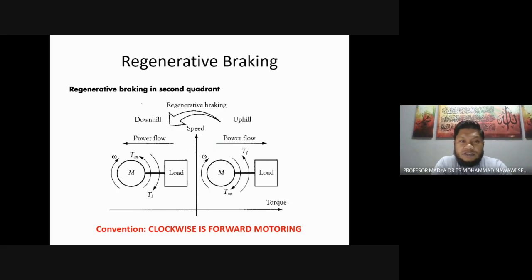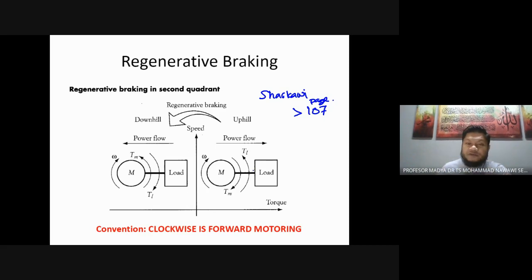You can also refer to Sharkawi's books, page 107 and above. You can see this regenerative braking in the second quadrant.